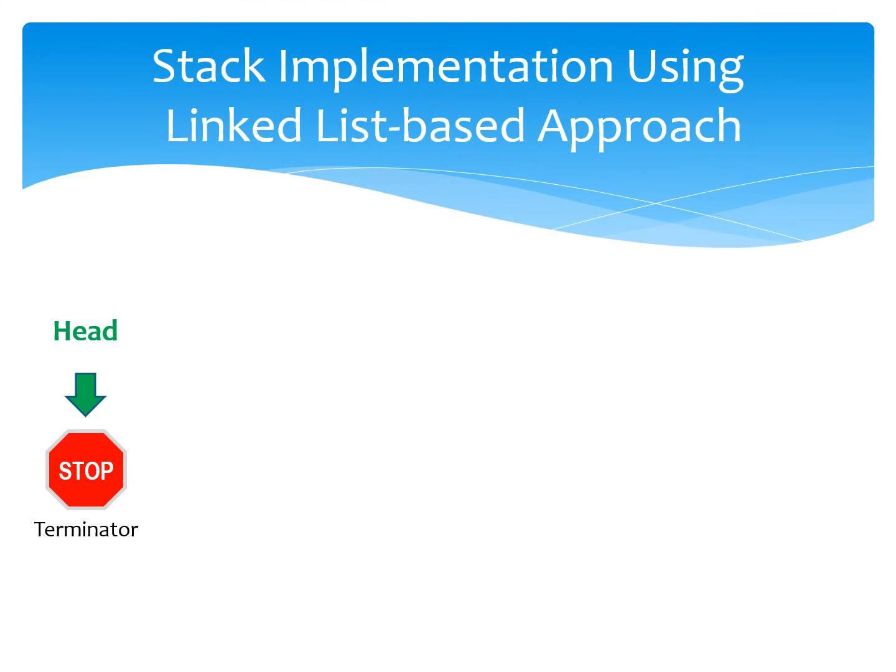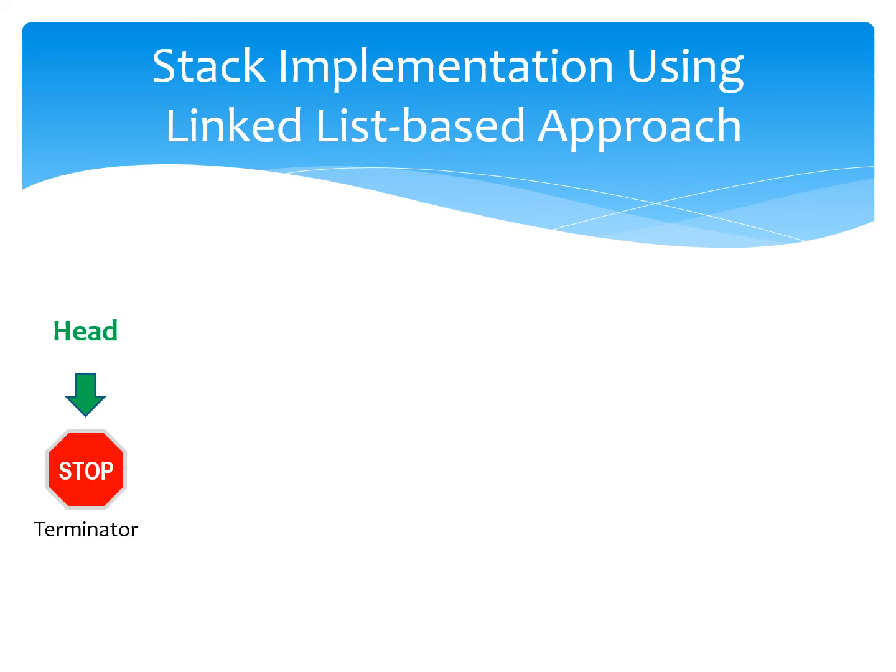We can also use a linked list to simulate a stack. To simulate a stack using a linked list, we can create 3 methods in the linked list. First, we create a method push that adds a new node as the head node at the beginning of the linked list.